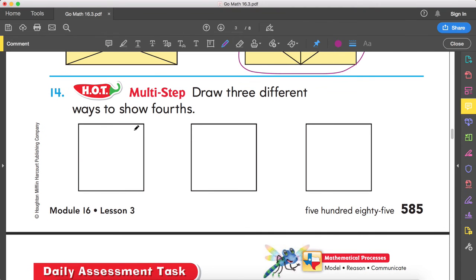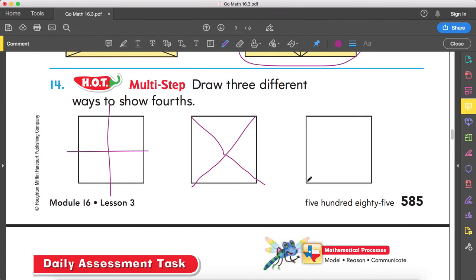Draw 3 different ways to show fourths. So there's obviously the vertical, 1, 2. Then there's a diagonal, 1, 2, 1, 2, 3, 4. About the same size. That's a little bit poorly drawn, excuse me, but that's the best I can do.